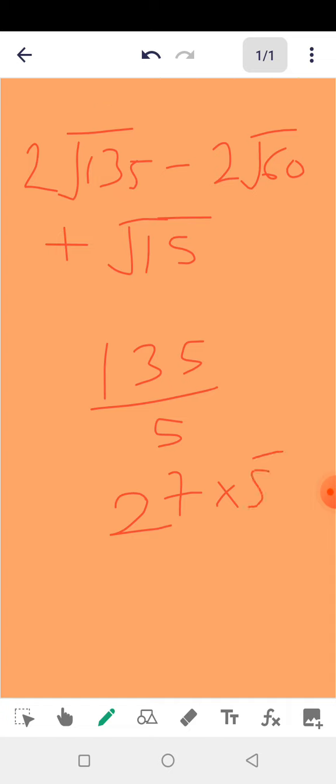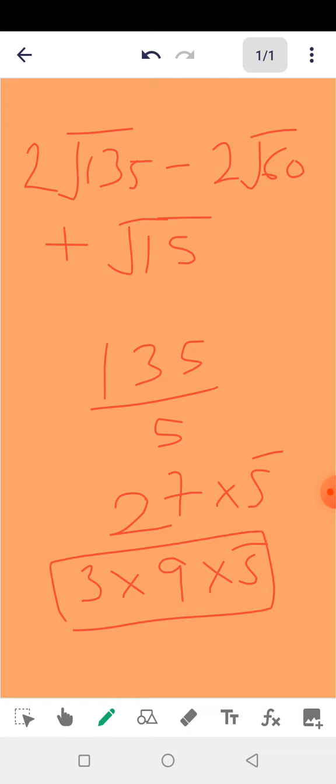Now if you check out 27, it can be broken down to 3 times 9. So if we do this, we are going to get 135. If you look at these factors, you'll find out that 9 is a perfect square. It means if I want to break root 135, I can use 9 times 15. 9 times 15 will give us 135.